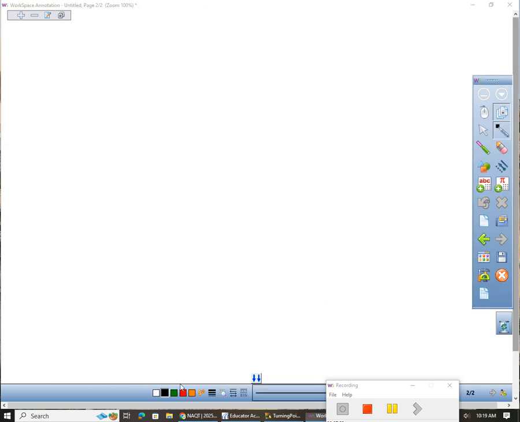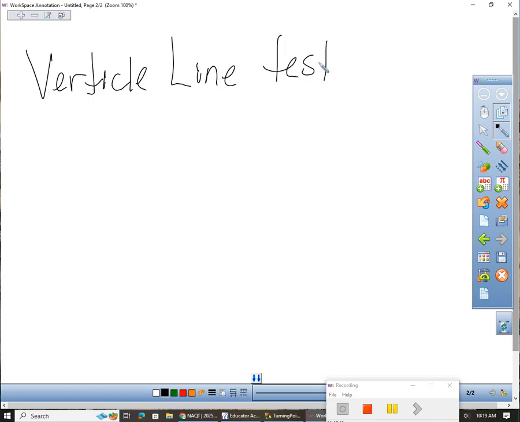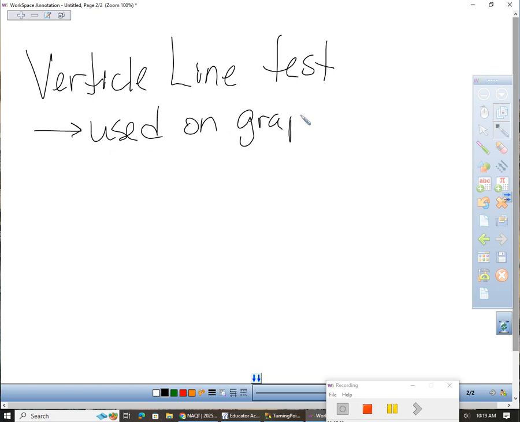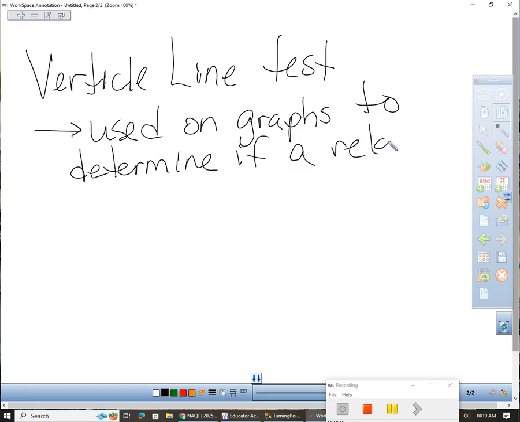Next thing I want to talk about is the vertical line test. The vertical line test is used on graphs to determine if a relation is a function.